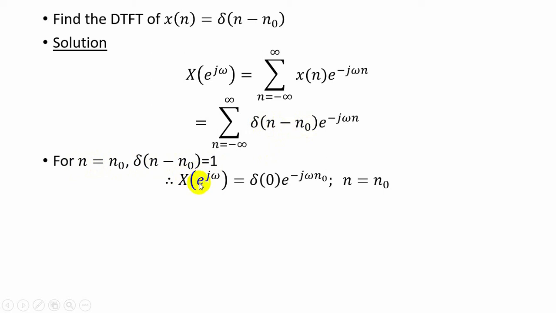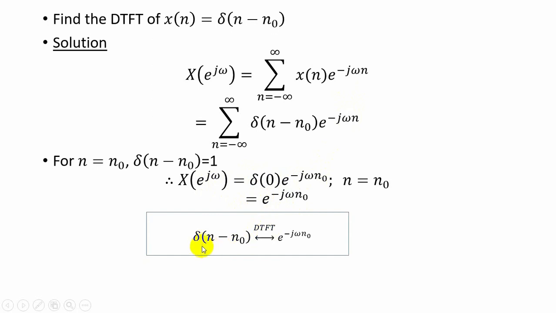Therefore, X of e power j omega is equal to del of 0, that is at n equal to n0, del of 0, e power minus j omega at n equal to n0. We know that del of 0 is equal to 1. So, X of e power j omega is equal to e power minus j omega n0. So, discrete time Fourier transform of unit impulse sequence shifted by n0 units is equal to e power minus j omega n0.